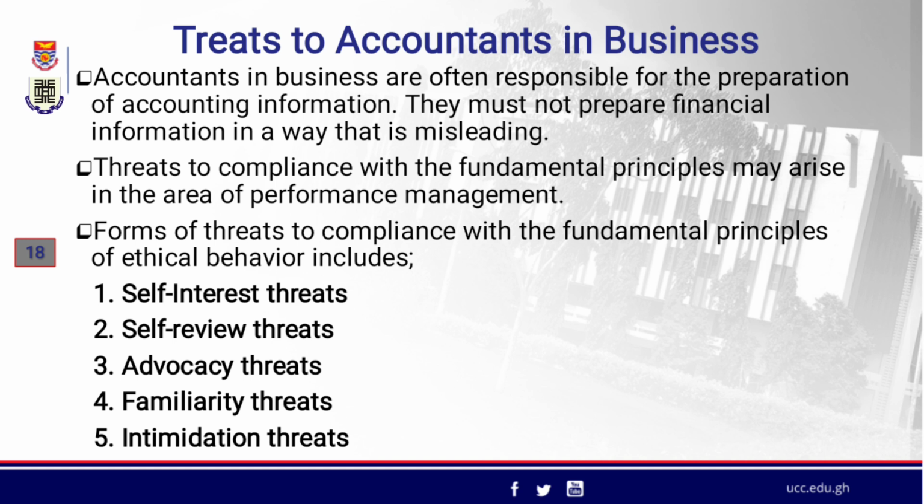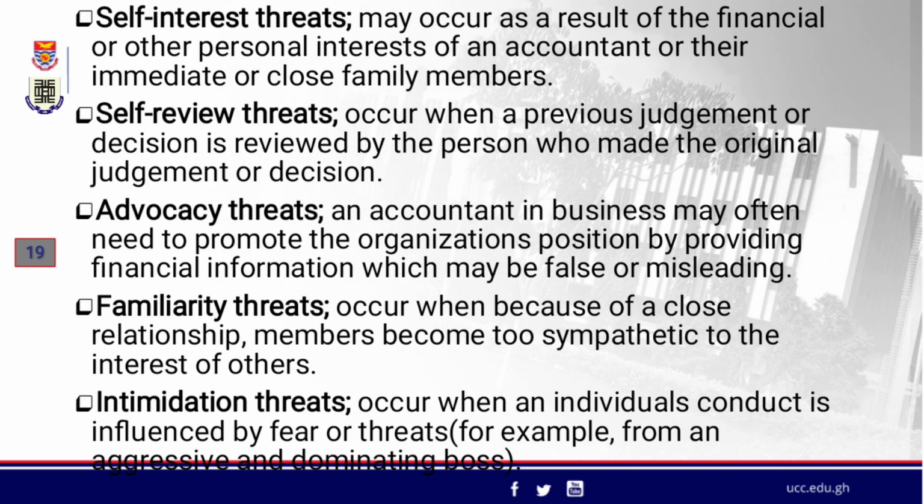These threats are what forbid us from applying the code of ethics. That's the meaning of the threat. So let's go through them: self-interest threat, self-review threat, advocacy threat, familiarity threat, then intimidation threat.